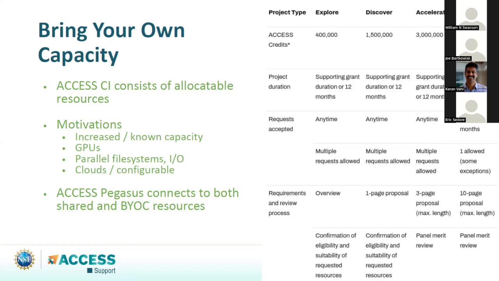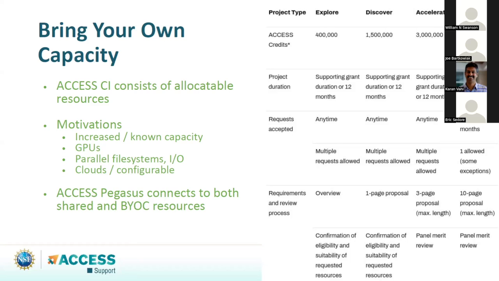If you have done TeraGrid or XSEDE, and you said, hey, that process sucked, it was really difficult to get an allocation, it is much better in Access. For you to get started, like the 400 credits here, it's basically a paragraph that you can submit at any time. And it usually comes back in a few days.